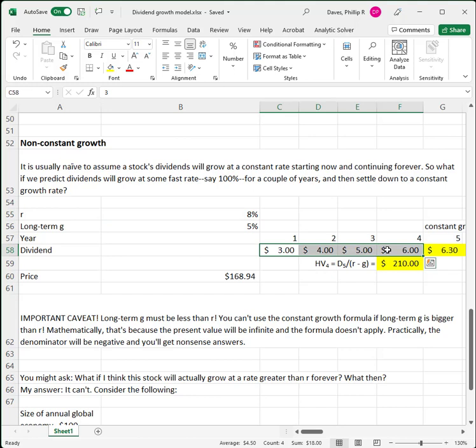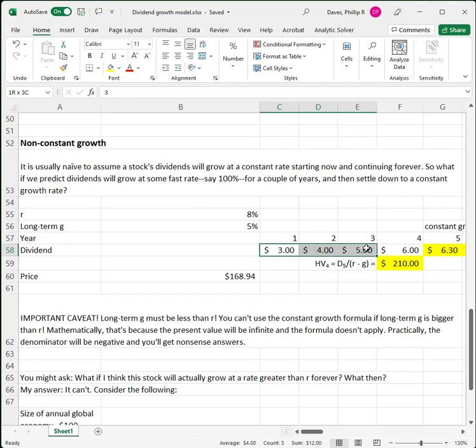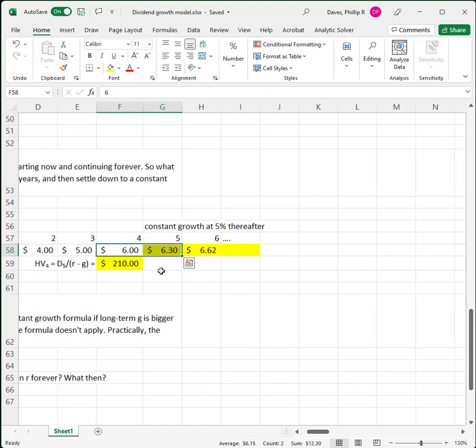Also, let's assume that eventually they will settle down to a long-term growth rate that is less than R. So let's assume they're going to settle down to a long-term growth rate that's only 5%. So high growth rate, high growth rate, high growth rate, high growth rate, and after that, a long-term growth rate that is less than 8%, of only 5%.